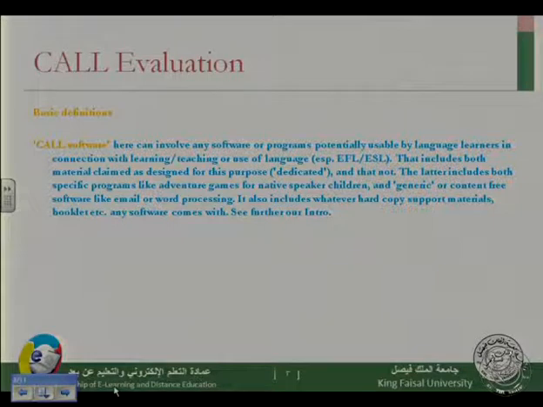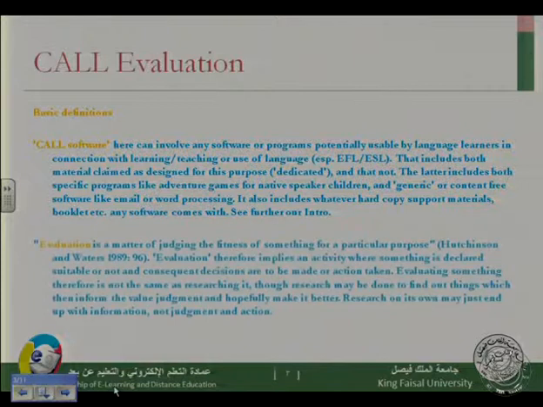So it's not necessarily in electronic copies, but sometimes it comes with supplementary hard copies. So sometimes you have a CD and a book. Both of them, if they are connected to each other, are called CAL software, and we talked about this in the introduction and the first lectures.